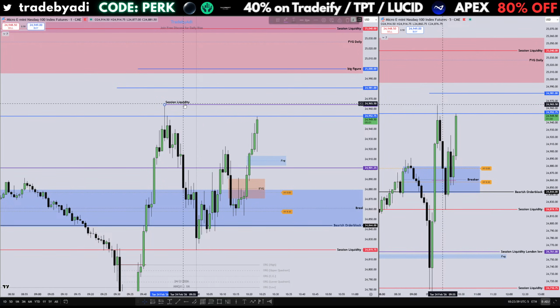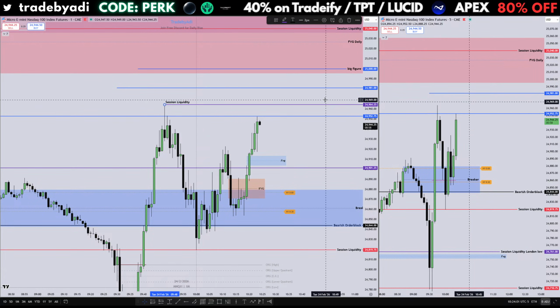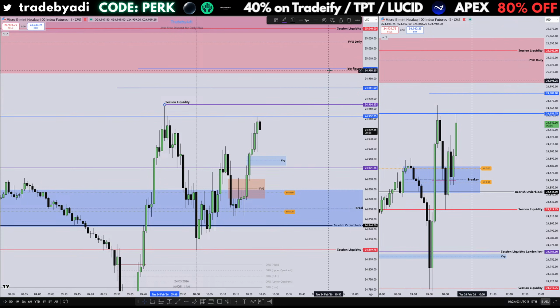We are going to go for this buy side liquidity, the 24,981 and the big figure. We have three levels to target as the nearest draw on liquidity.